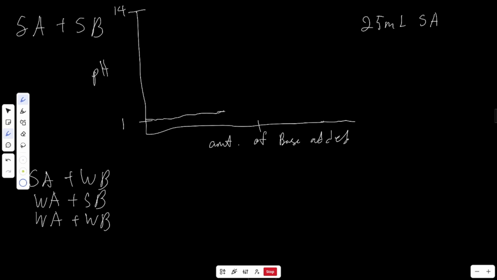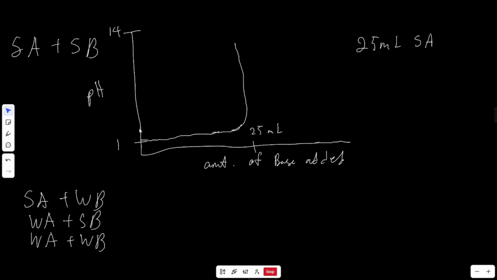At a certain point, near that 25 ml, there's going to be a sharp turn upward. And since it's going to slowly turn into a strong base, it's going to level out to the point where it approaches the strong base pH.